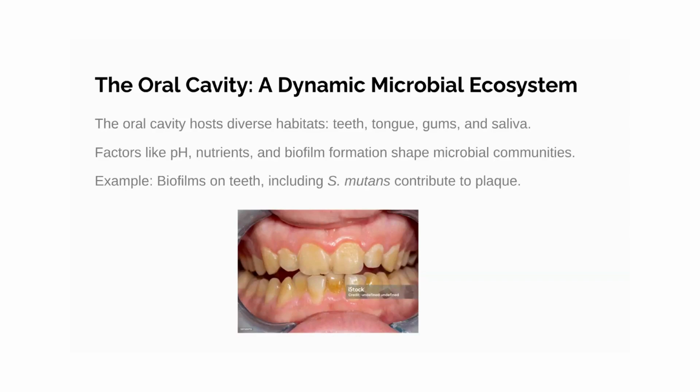One important feature of the oral cavity is biofilm formation, structured communities of bacteria on tooth surfaces, like these parts over here. Streptococcus mutans plays a key role here. It uses sugars to produce acids that lower the pH, making the environment more acidic and harmful to tooth enamel.